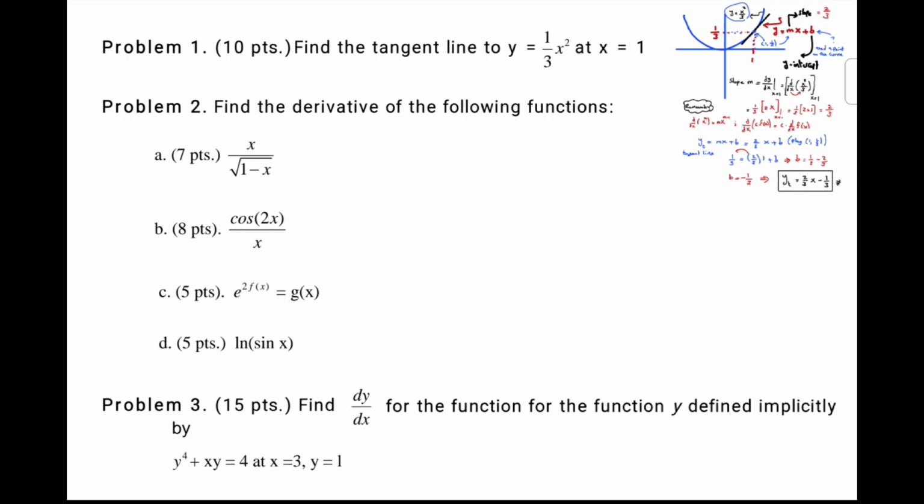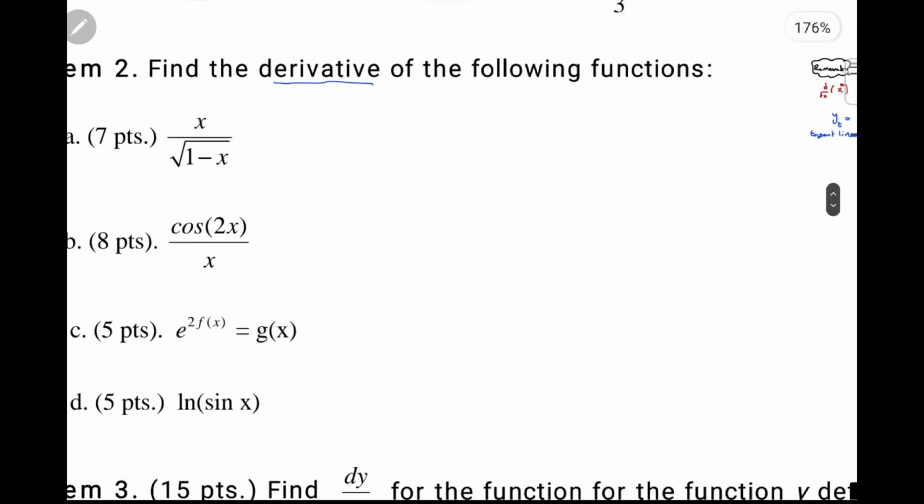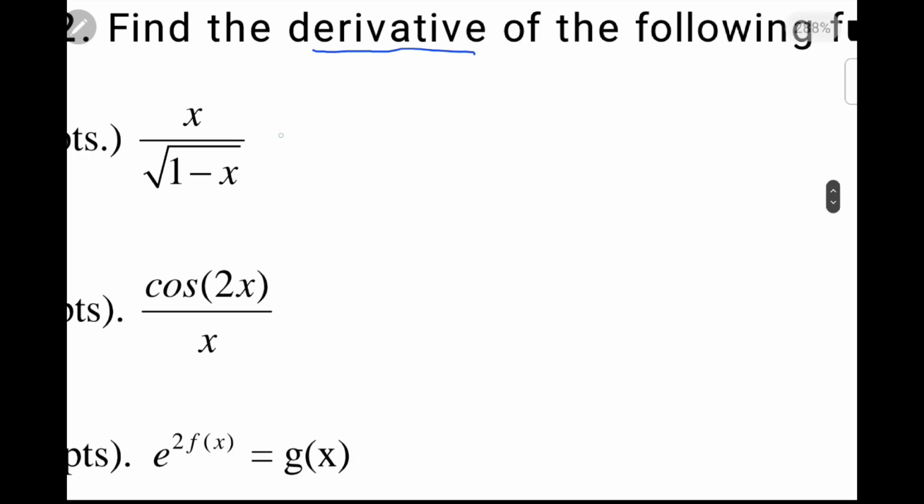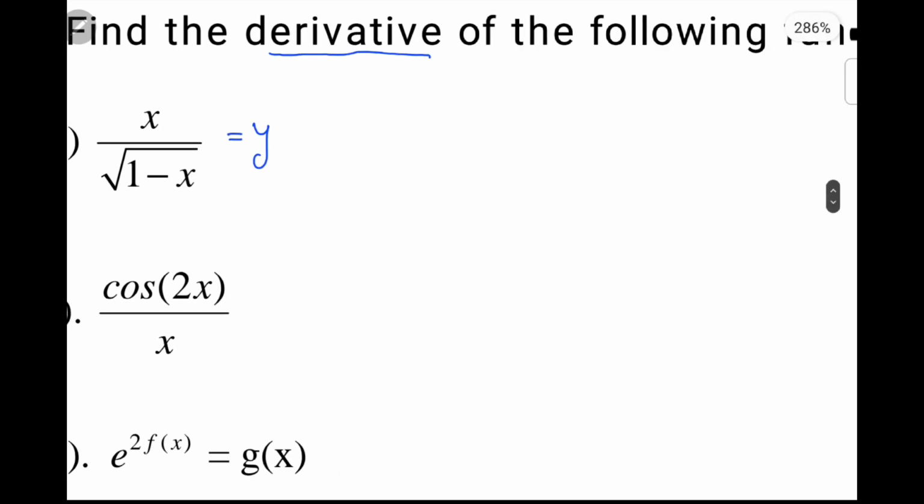Now let's solve question number 2. They're asking us to find the derivative of the following functions. So how do we calculate the derivative? Let's call this function y. To make things easy, you can express this as f divided by g, where f is equal to x and the function g is equal to the square root of 1 minus x.